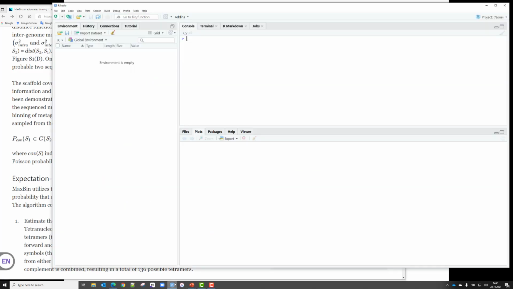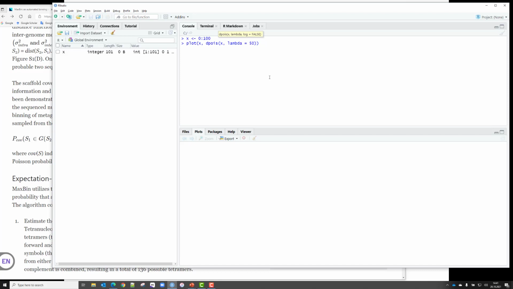But so what does this mean? Let me show you in R. So let's have some coverage values here, X, right? And if we compute the density values of the Poisson distribution, we have done this before actually, and say that in contig S2 we have a coverage of, let's say, 50, right?